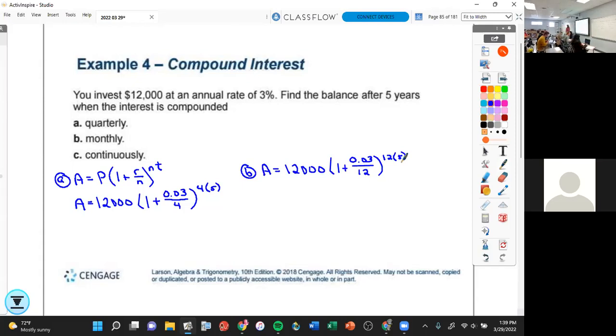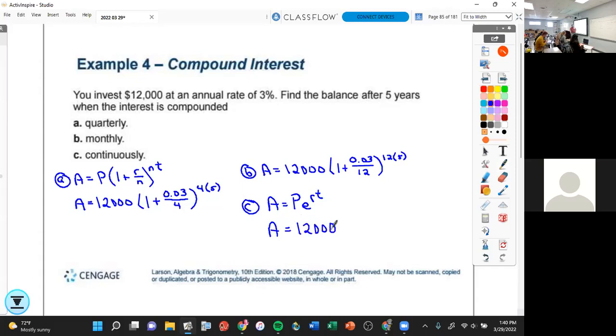Okay, and part C, we're now doing it continuously. What is the formula for continuously? A equals P times E to the RT power. So we still don't know A. P is still 12,000. What is E?